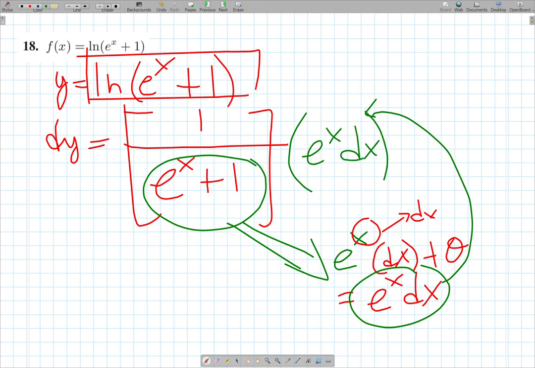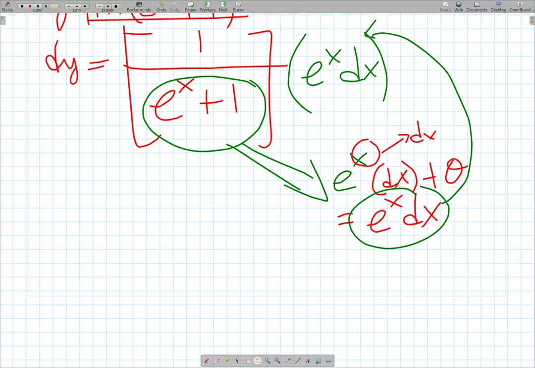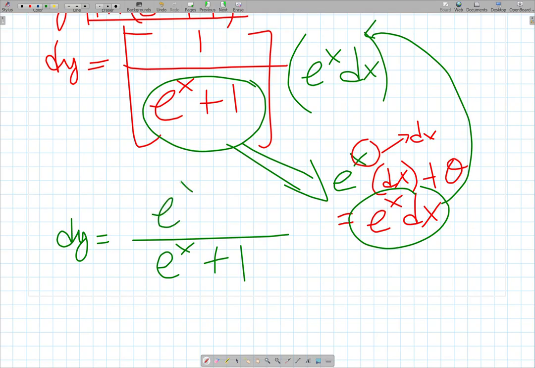So, simplifying, let's arrange the solution. dy equals 1 over e^x plus 1, and of course e^x dx times 1 is e^x dx.